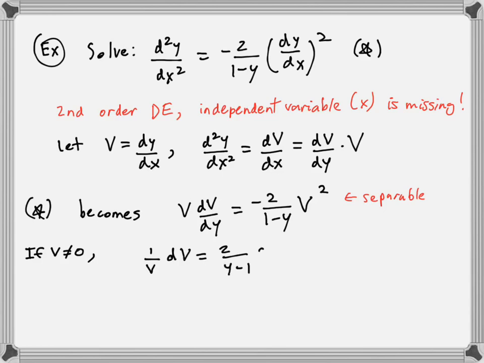So let me just write it that way, and then dy. And then I'm going to integrate both sides. So what do we end up with? This gives us the natural log of v is equal to 2 natural log of y minus 1 plus c1, right? So this is what we get.